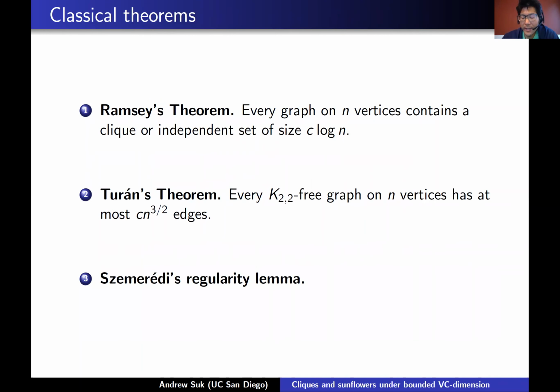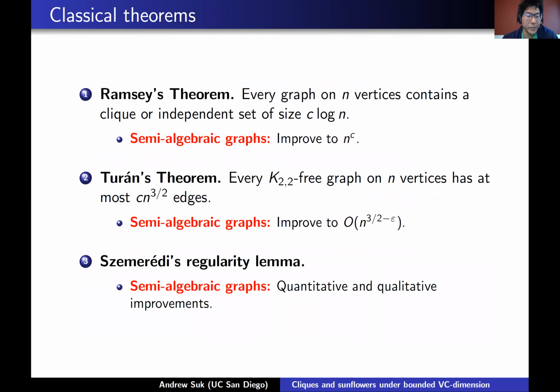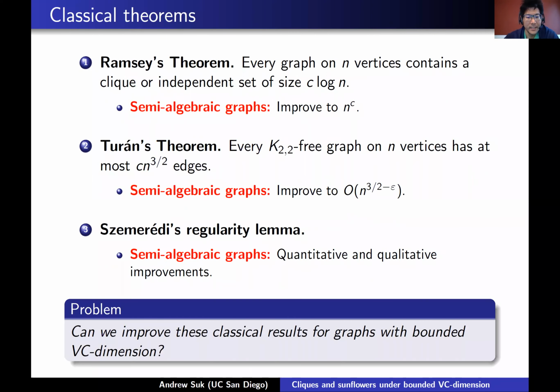It's known that in the semi-algebraic setting, if we add the extra condition that our graph is semi-algebraic with bounded complexity, then we can significantly improve all of these three results. And so you might wonder whether or not you can extend these improvements to graphs with bounded VC dimension.